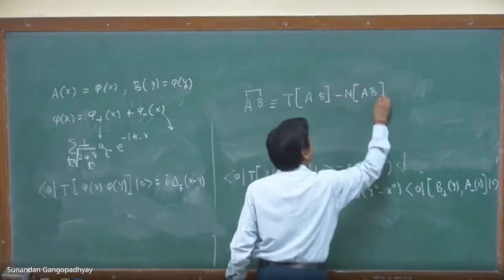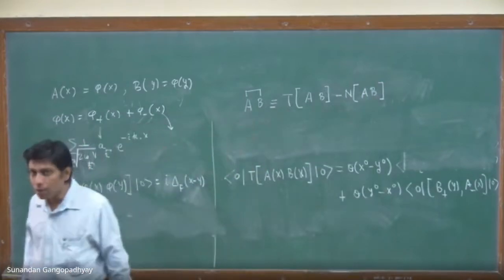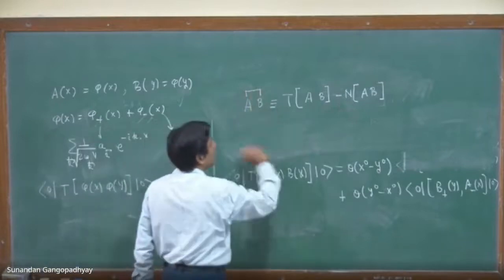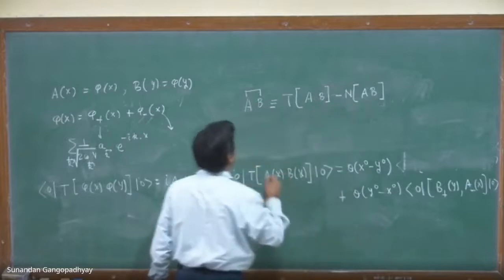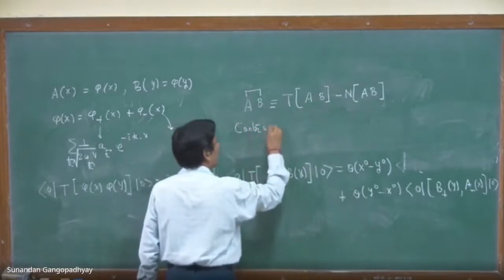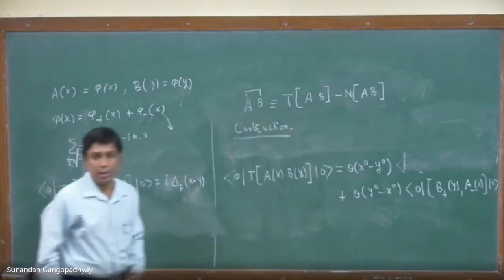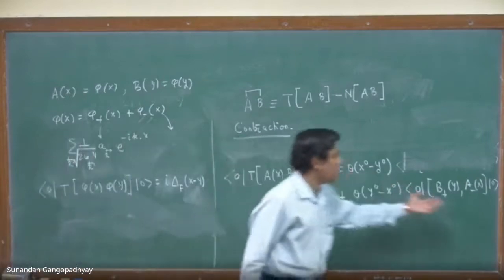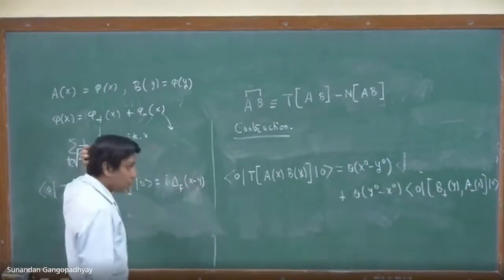A quantity where you have a line like this, which is basically the difference between these two quantities. And this quantity is said to be a contraction, a contraction of a pair of operators. And what is a contraction of a pair of operators is basically a commutator in this case. For any contraction, it is a commutator and therefore it is a c-number.